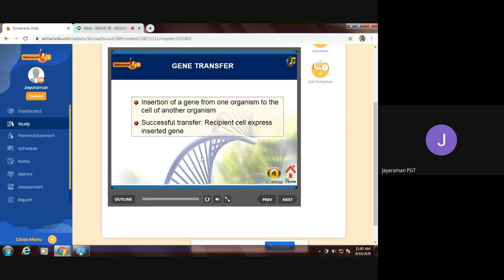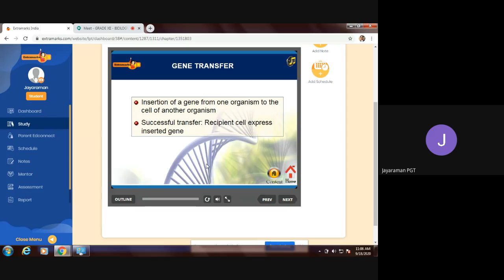Inserting a gene is not a big thing, but the inserted gene has to be functional. Expressed means it can produce a protein. For example, the insulin gene is inserted and is able to produce insulin. That is a success, known as successful gene transfer. So we will discuss the various methods of gene transfer. From one organism to another organism we can transfer the gene, like a human gene to E. coli. So we use different methods of gene transfer.